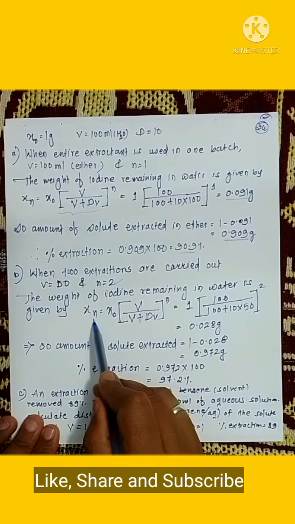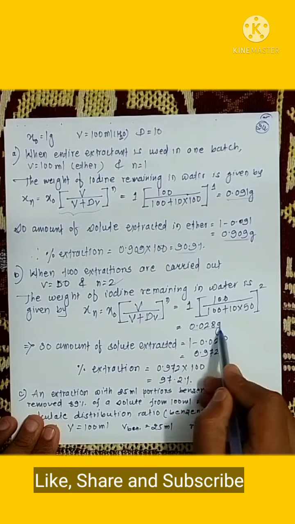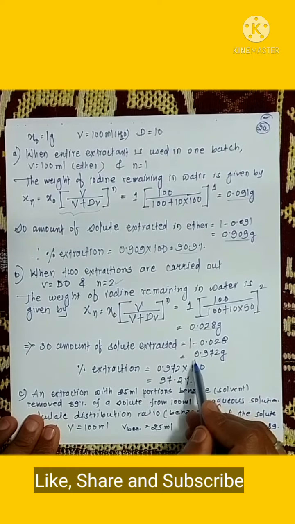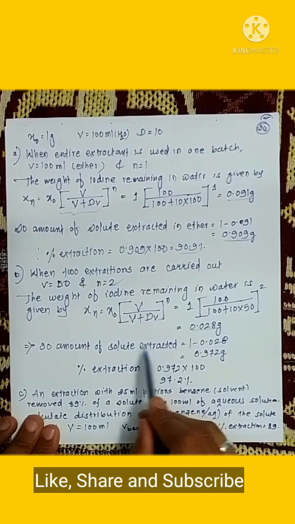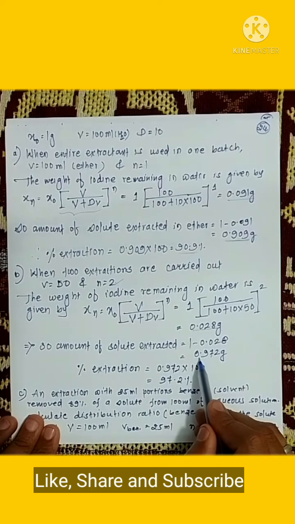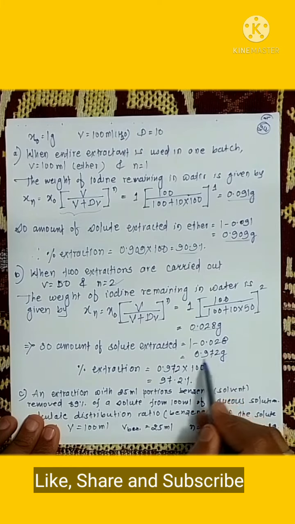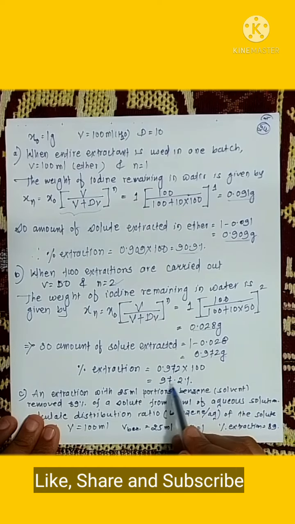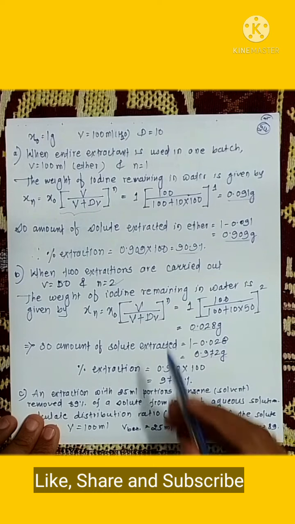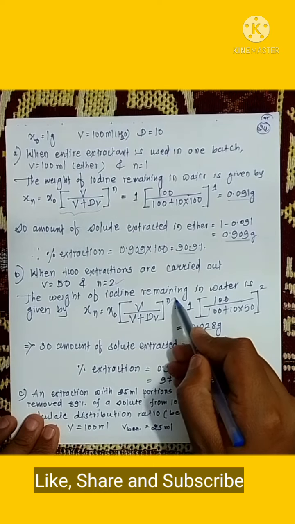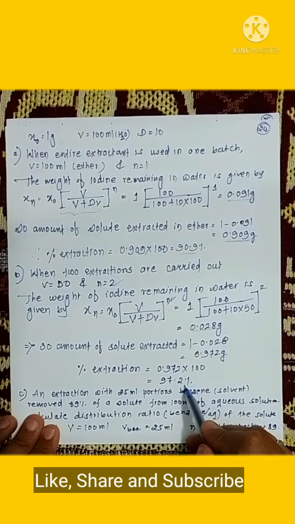So just subtract this value from 1, and we get the amount of solute present in ether, which is equal to 0.972. For percentage extraction, multiply this value by 100. So we get 97.2%. Again in this formula we see that as the value of small n increases, percentage efficiency also increases.